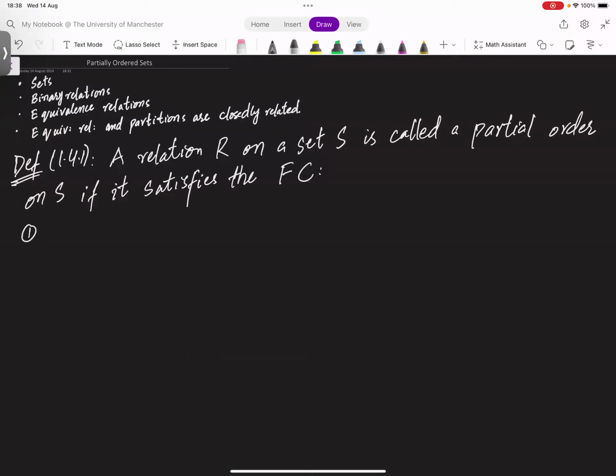Number one, the ordered pair (a, a) is inside R for all a inside S, or you can say R is reflexive.